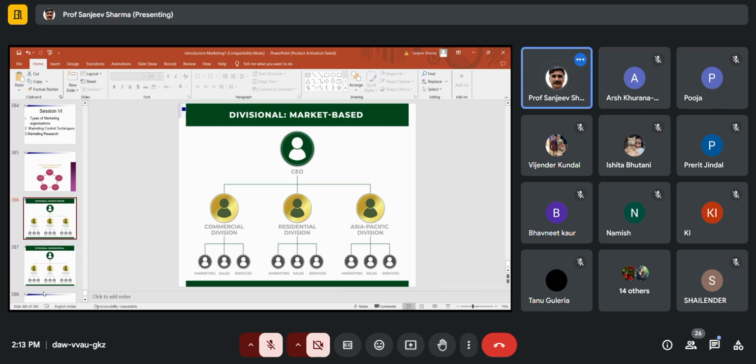What is matrix? Complex. Now being used very frequently. Here's what it is.